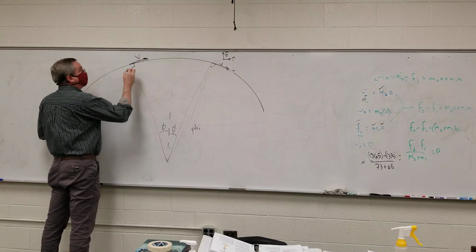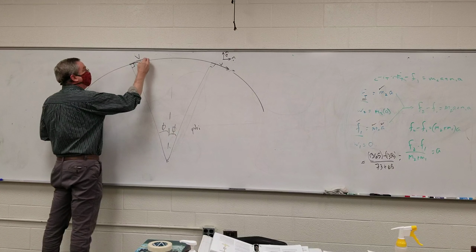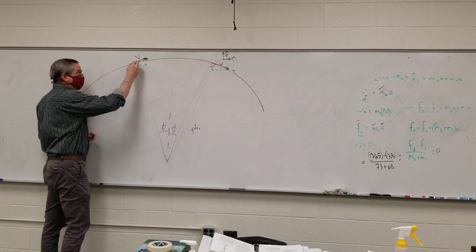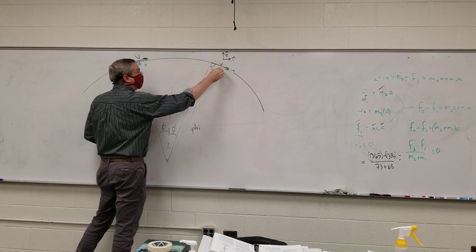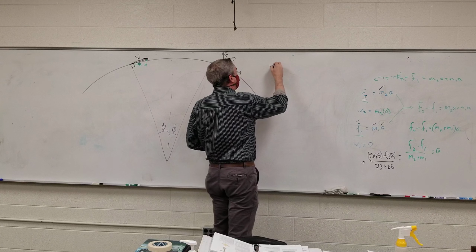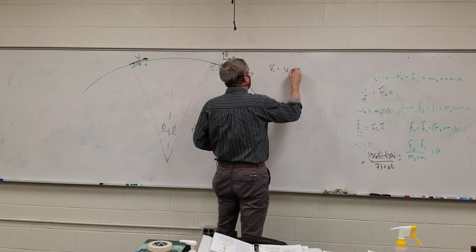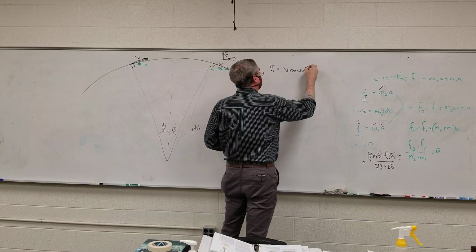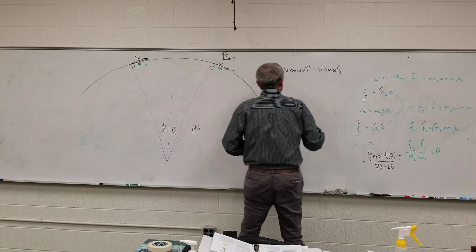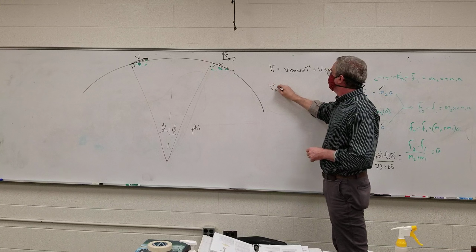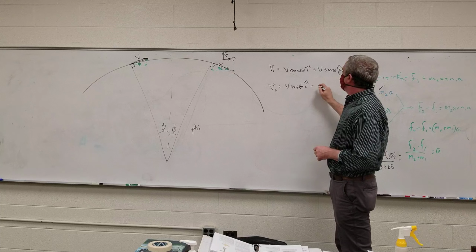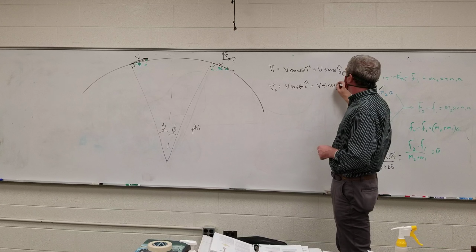We broke it up into components, where this angle here is phi, and this angle here is phi. So my initial velocity is v cosine phi i hat plus v sine phi j hat, and v final is v cosine phi i hat minus v sine phi j hat.